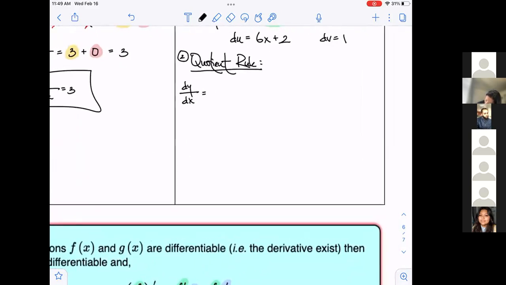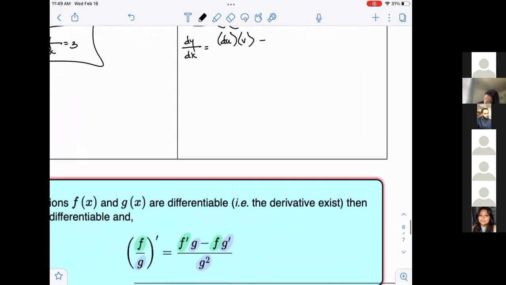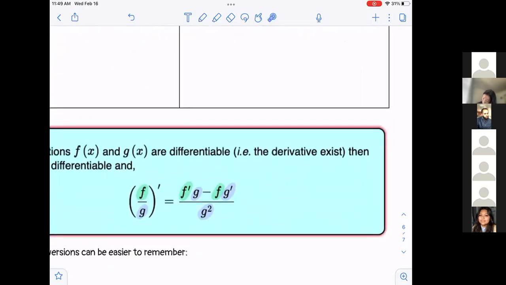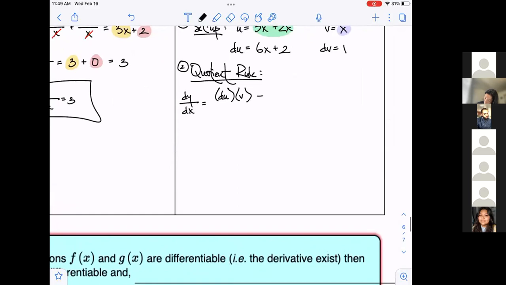So we have du times v minus u times dv, all over the denominator squared.